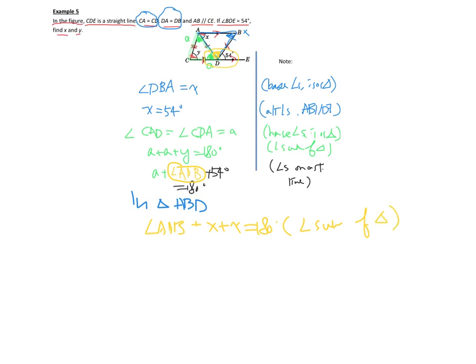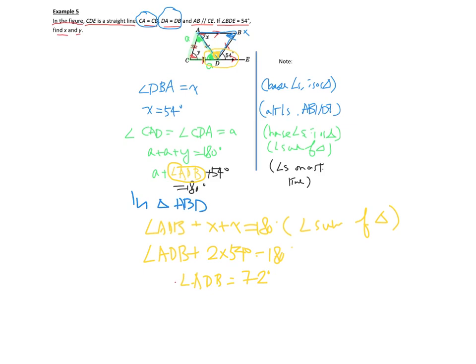From the upper part, we found that x is equal to 54 degrees. So angle ADB plus 2 times 54 degrees will be equal to 180 degrees. So we know that angle ADB will be equal to 72 degrees.